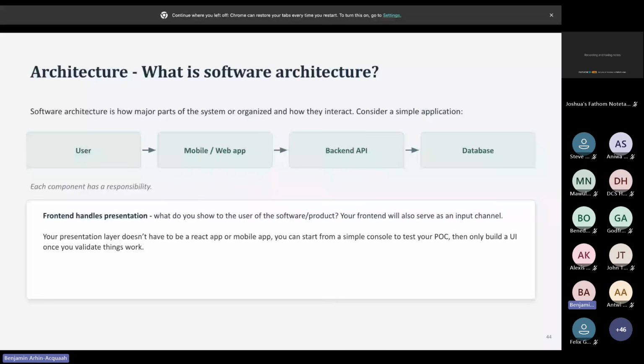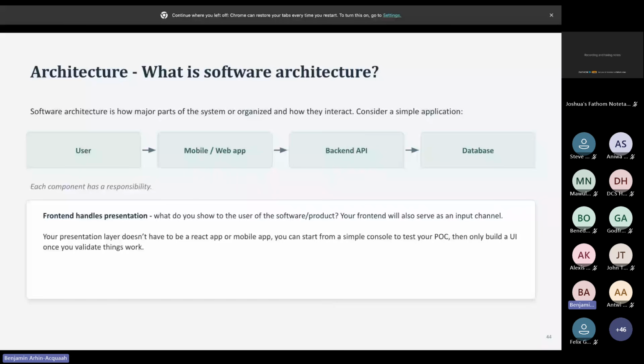Okay, so the front end handles presentation. Presentation in the sense of what the user sees when they visit your app. That's what you are presenting to the user.